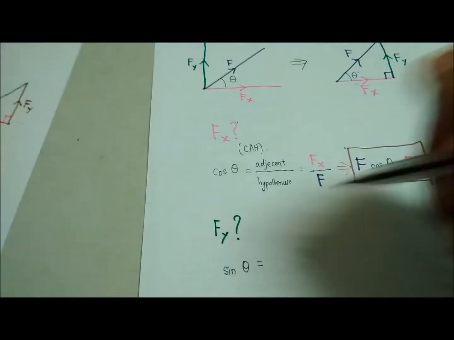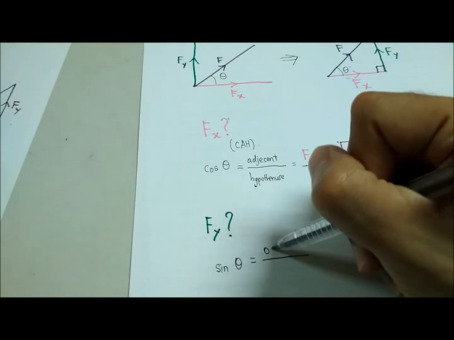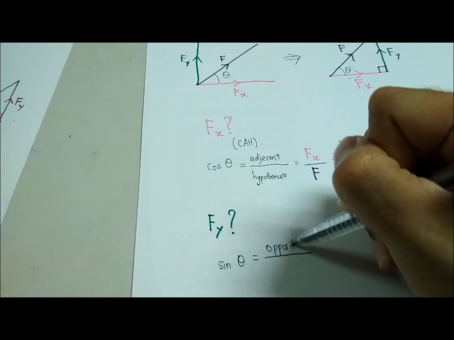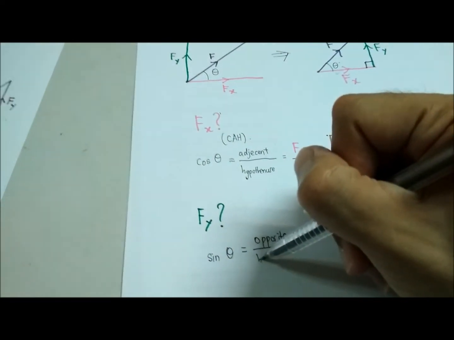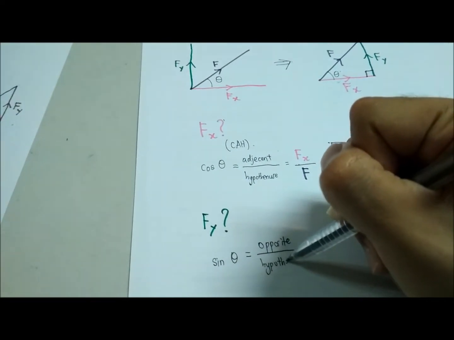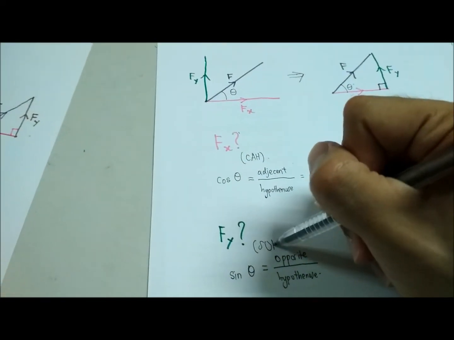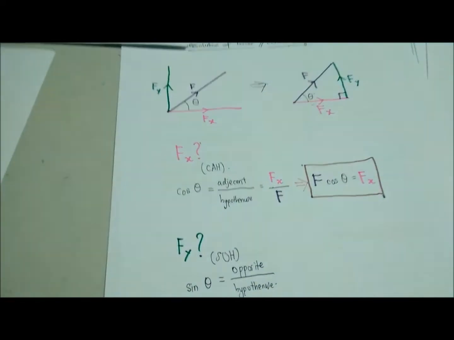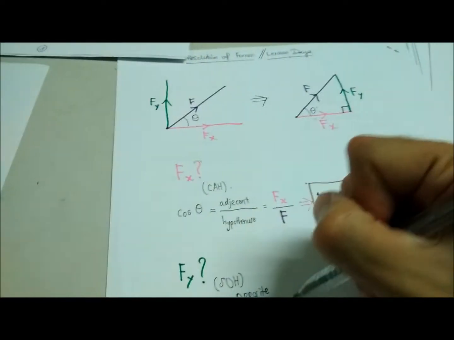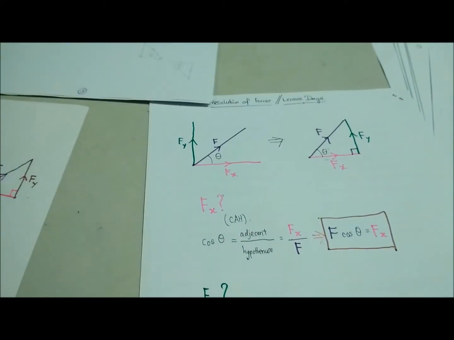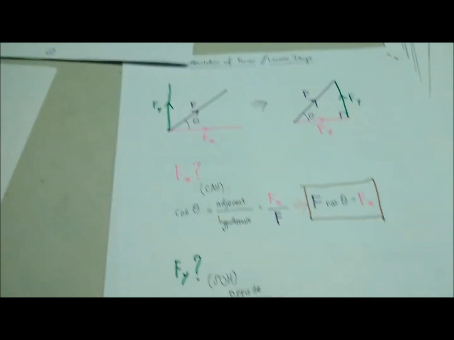Sine theta is opposite over hypotenuse. SOH. In this case, which side is the opposite?